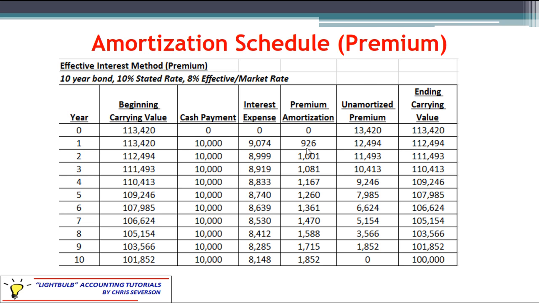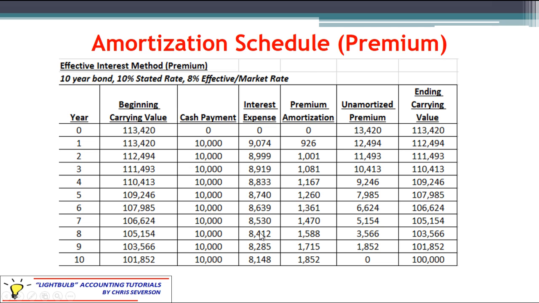Now, you can see here that our unamortized balance of the premium is $12,494. As that decreases, our bond also decreases. It starts off high, and eventually it's got to get down to $100,000 to match the face value of the bond. So notice what happens here. Our carrying value is decreasing.